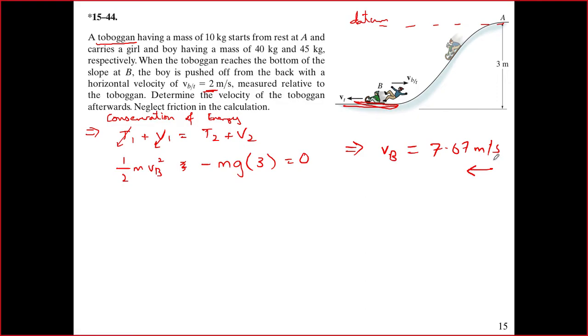Now what is happening? Immediately after they reach B, something is happening internally. It's an explosion of a kind, right? Because one particle is becoming two. So there's some sort of analogy to an exploding particle here, and then I'm going to use my conservation of momentum.